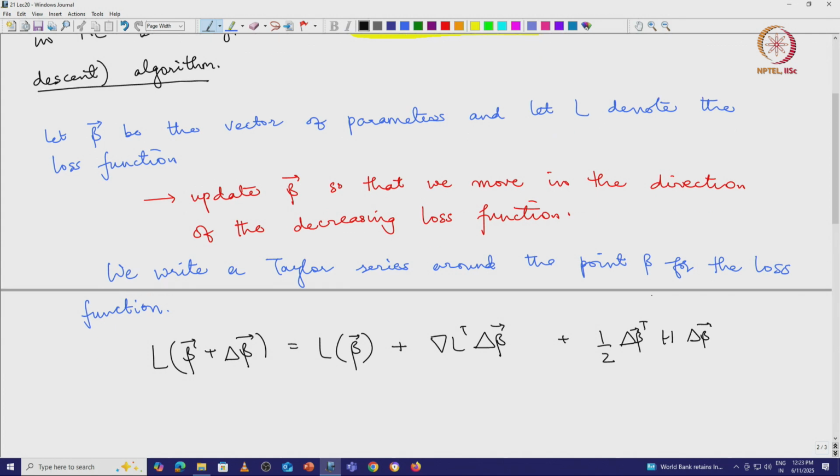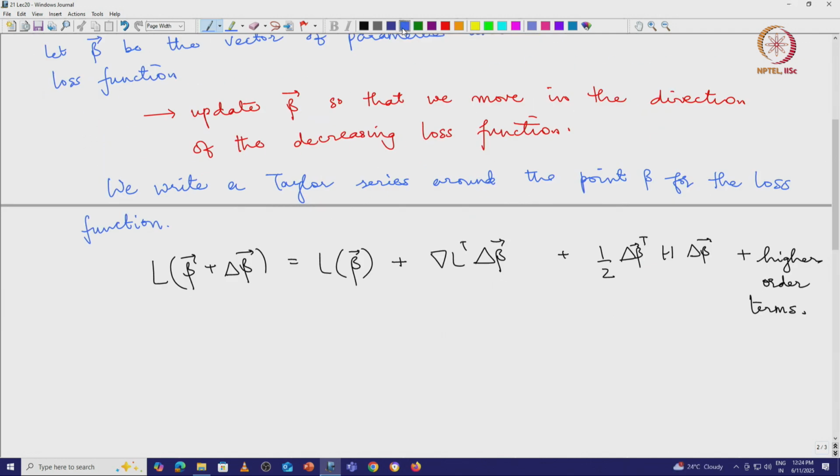Okay, and higher order terms. Okay, so this is the gradient, and this H is the Hessian of the loss function.